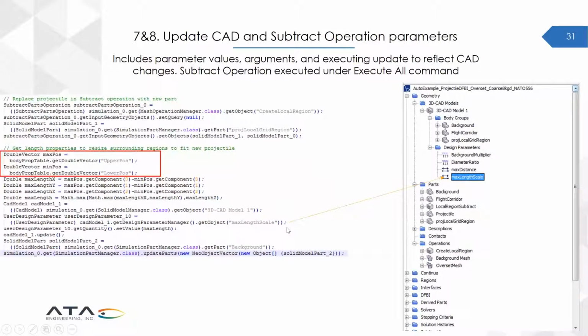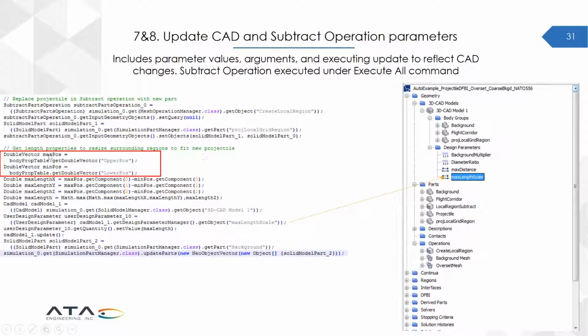All right, preview number 6, because again, it is optional for this particular case. We're going to go to 7 and 8. In this case, we're now updating our CAD parameters as well as the subtract operation parameters, specifically the parts, and then executing those.